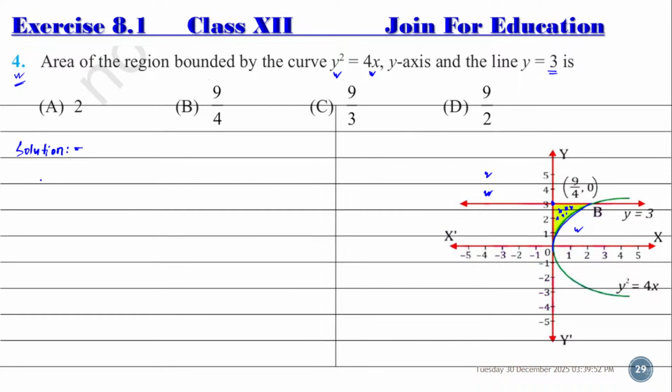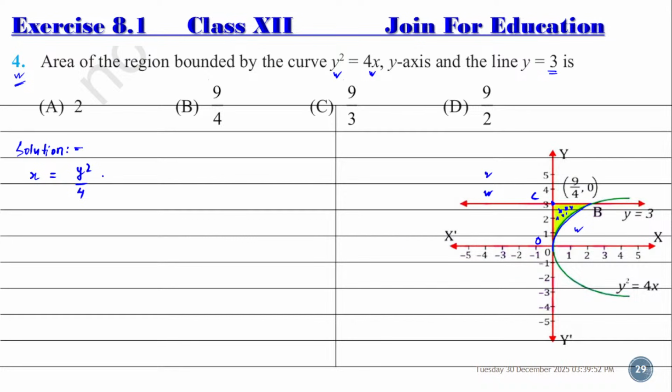So we write down here x equal to y square by 4, and the area of the shaded region equals, suppose this is B, suppose this is C and suppose this is O, the origin.